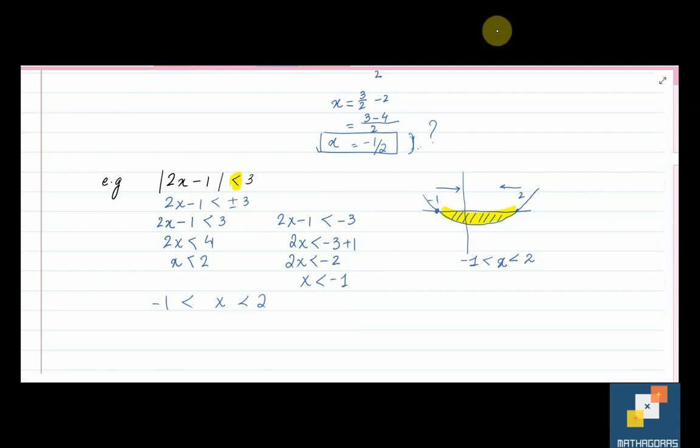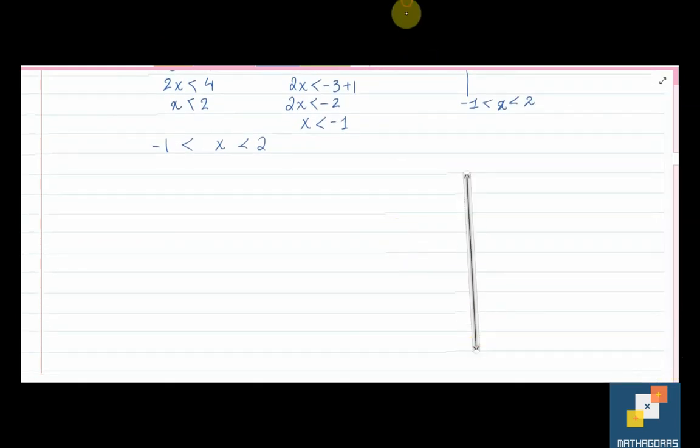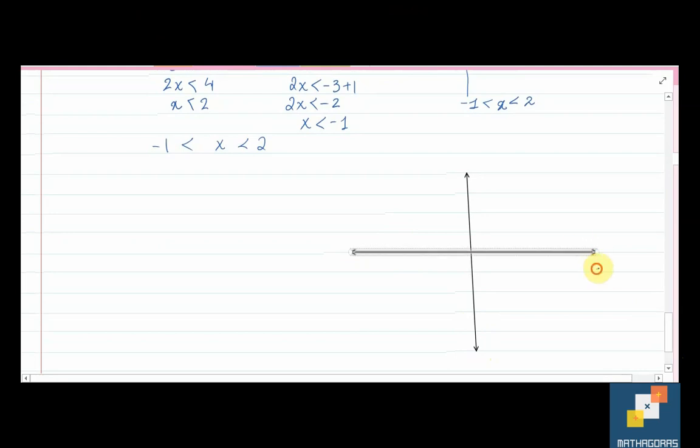If you do the same question on your graph, first draw the axis. Now we will consider that the question is 2x minus 1 should be less than 3, right?